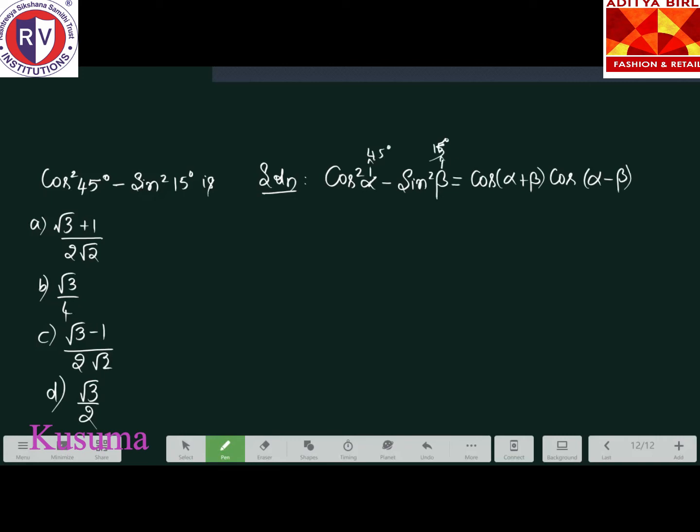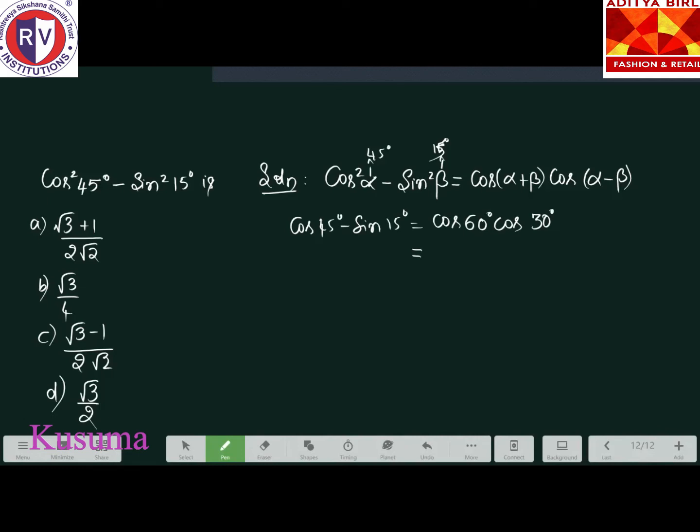Okay, so let us substitute to the RHS. That is, cos square 45 degree minus sin square 15 degree will be equal to cos of 45 plus 15, how much? 60 degree, into cos of 45 minus 15, that will be equal to 30 degree. So we know both the values of cos 60 and cos 30.